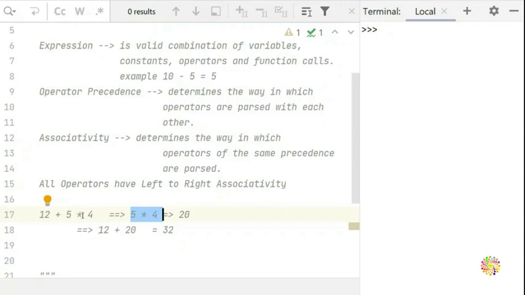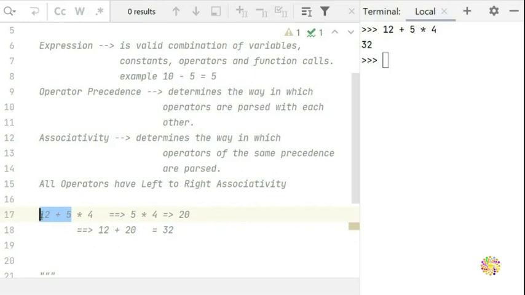Then the computer has 20, and it says 20 plus 12, which makes 32. We're going to try it here. So 12 plus 5 multiply 4, you get 32.